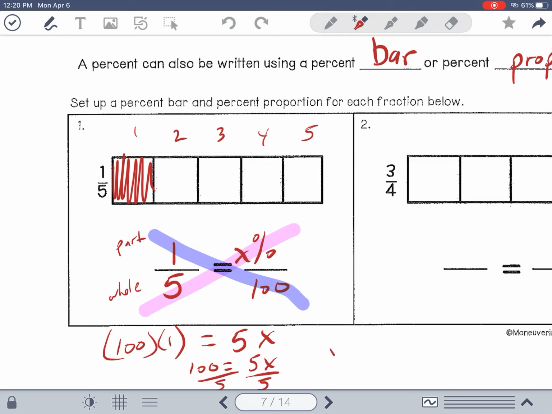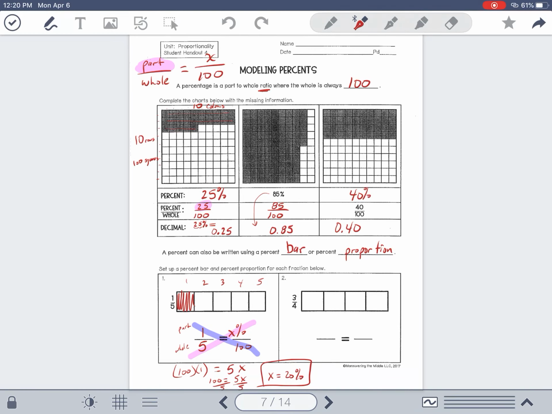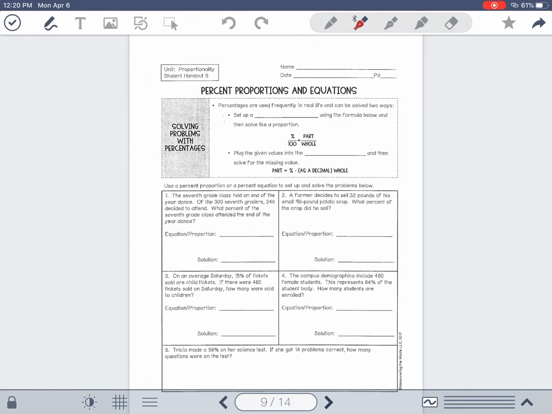Divide both sides by 5. x is equal to 20%. Yes, I did that very quickly. Unfortunately, that's just how I have to do it at this point, because remember, this is a review. That's modeling percentages.